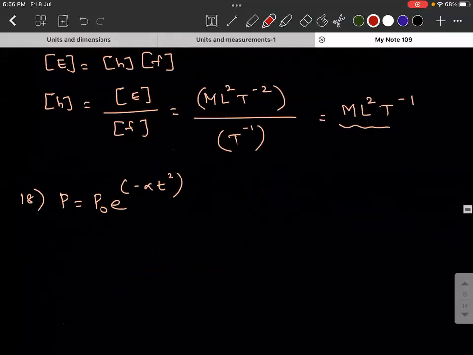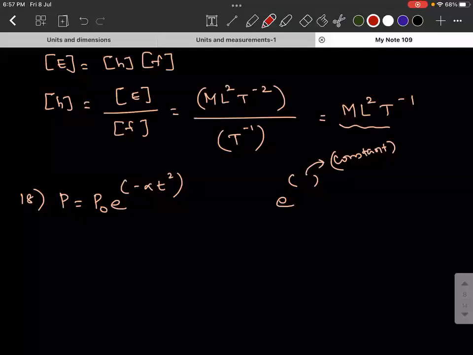So listen, whenever you have an exponential raised to the power of something, that power that is there is always a constant. I repeat it. Whatever is the power of an exponent, the power of an exponent is always a constant. So constant in the language of dimensional analysis means M0, L0, T0.